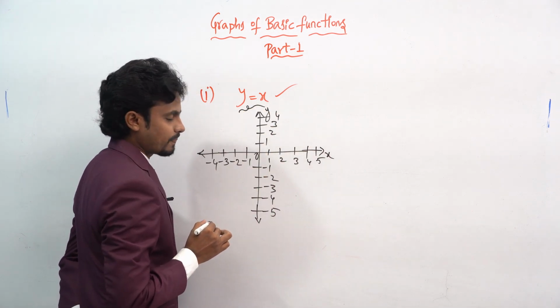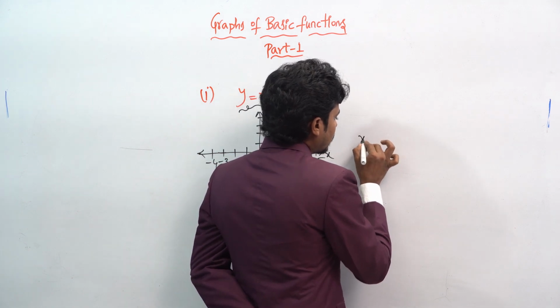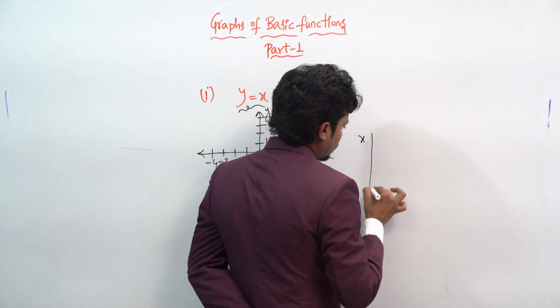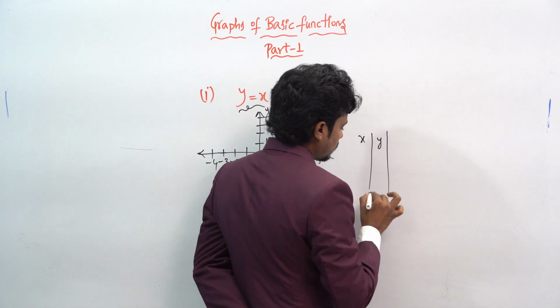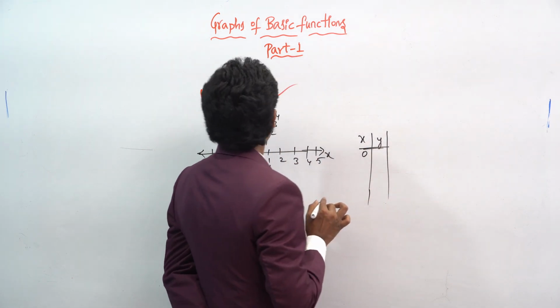That was our goal. So for this case we have to take x as the input and y as the output. So if you take x as 0, what will happen?